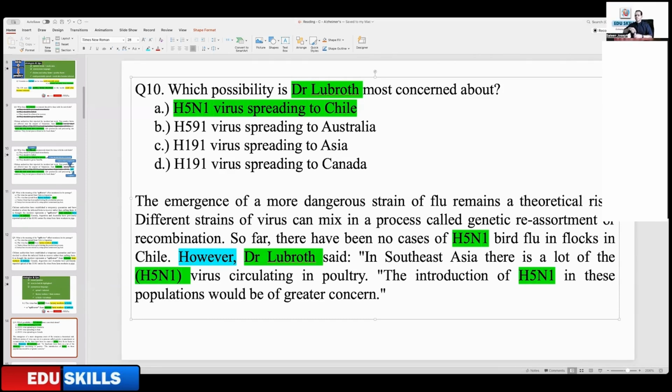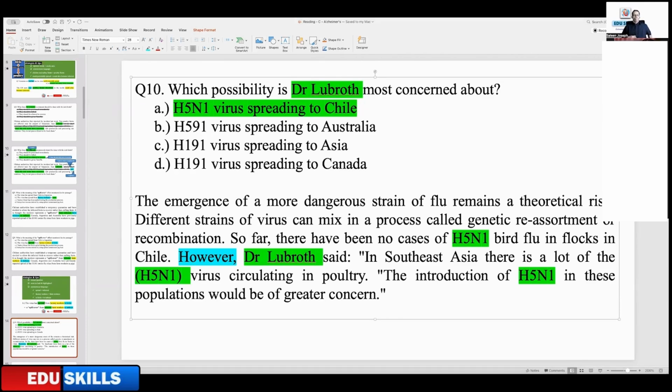Further, after Dr. Lubroth said, if there is a context word, the answer will be there. If there is Southeast Asia, there is a lot of the H5N1 there. If there were H191 there, then only option C would be the right answer.